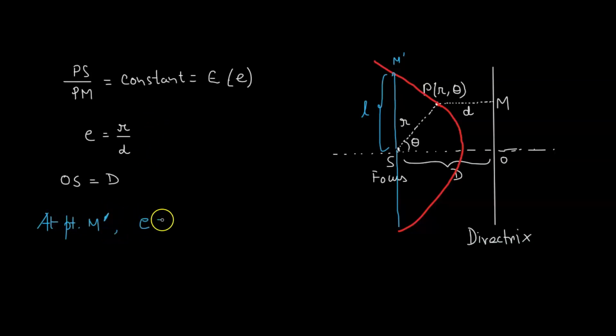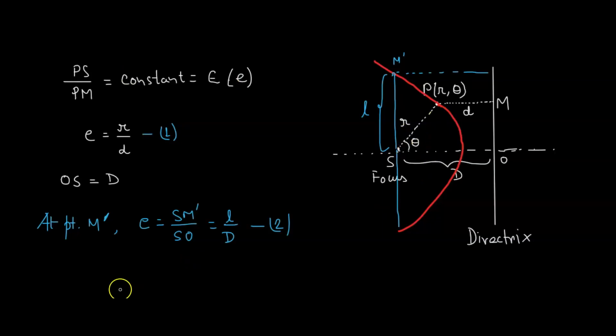Our eccentricity e will be SM prime, divided by the perpendicular distance of point M prime from the directrix, which is equivalent to SO, that is uppercase D. So this will equal L over D. So what we have done is define the eccentricity for theta equals 90 degrees, let this be equation 2, and another for theta less than 90 degrees, which we label as equation number 1.